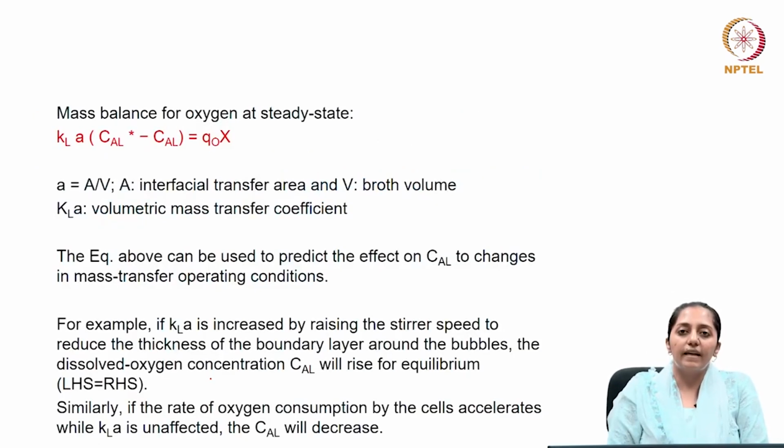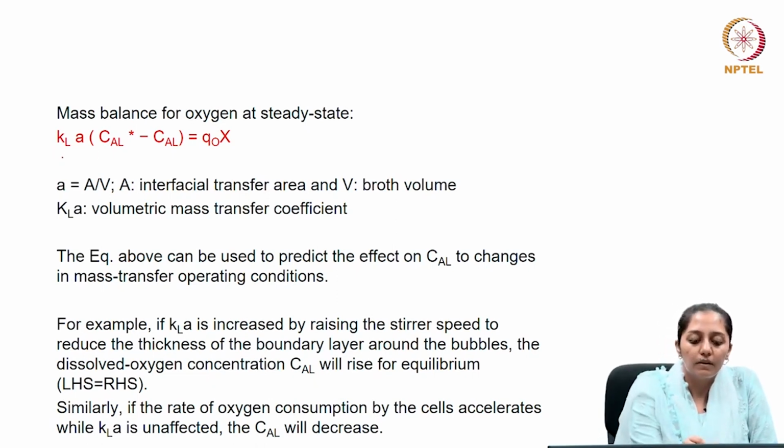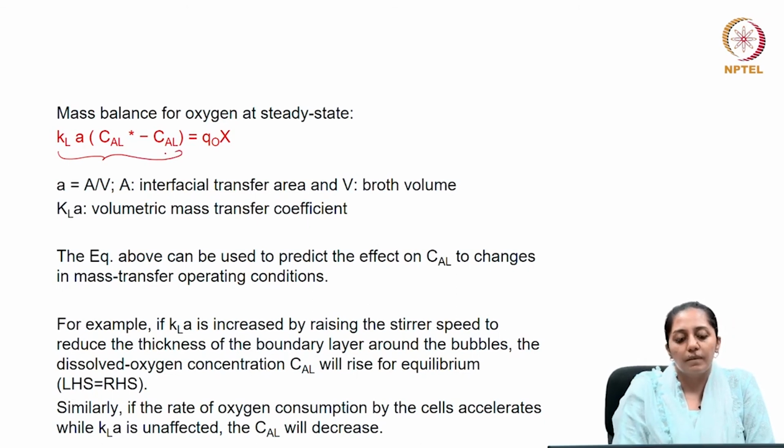Now, at steady state, if you do a mass balance for the oxygen, then the oxygen uptake rate will become equal to the oxygen transfer rate, so that there is no accumulation of oxygen in the bulk, which is steady state. As you can see on the slide, on the right hand side of this equation we have KLa (C star minus CAL). This defines the transport rate of oxygen in the medium from the gas.